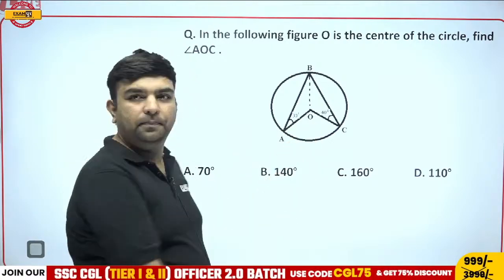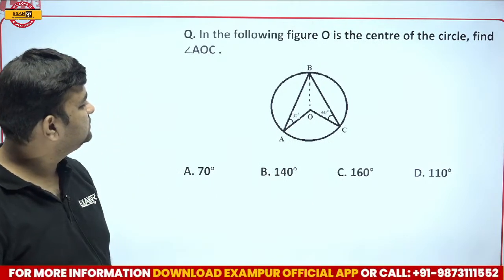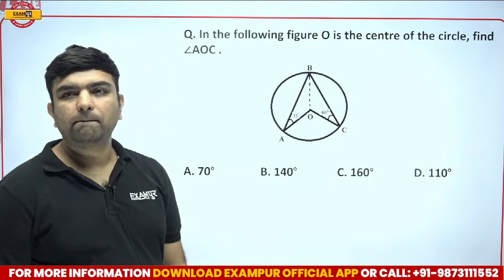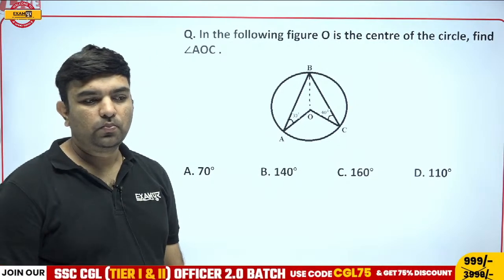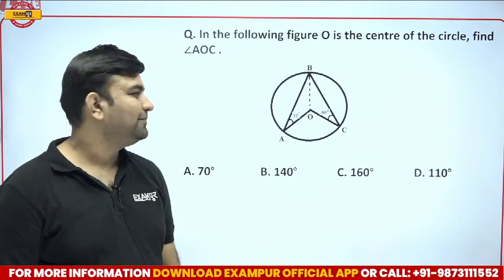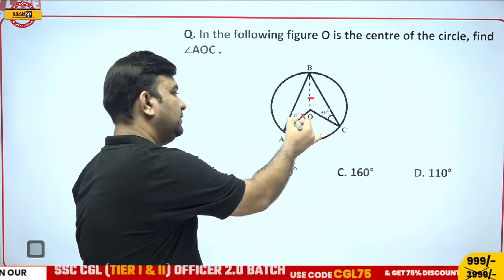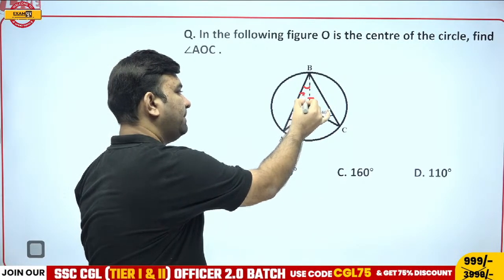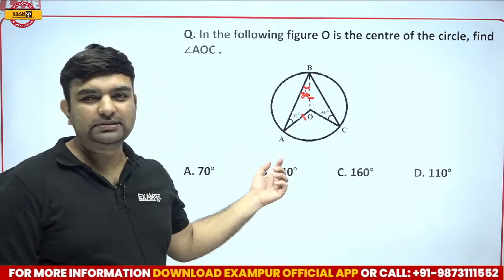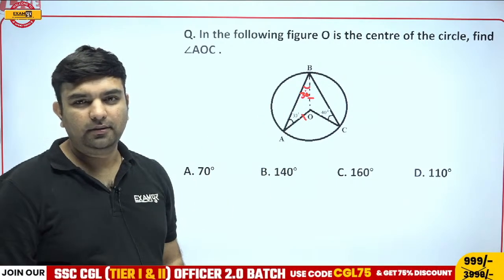30, 40, 30, 40. Radius, radius, 30, 30. Two equal sides subtend two equal opposite angles to each other.